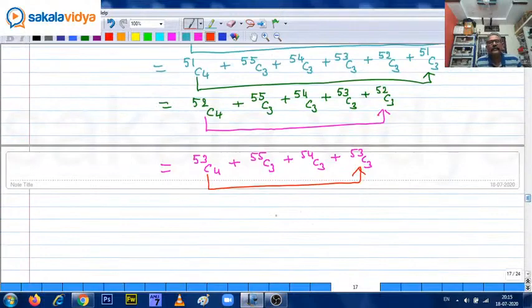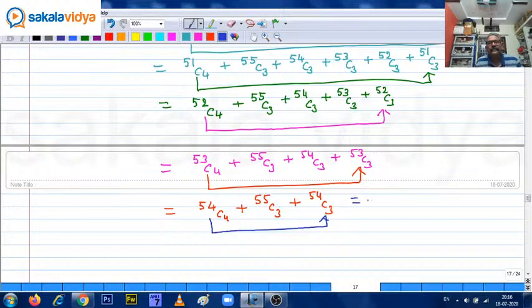So this can be written as 54C4 plus 55C3 plus 54C3. Next we add these two. This is equal to 55C4 plus 55C3. This is nothing but 56C4. This is the answer, 56C4.